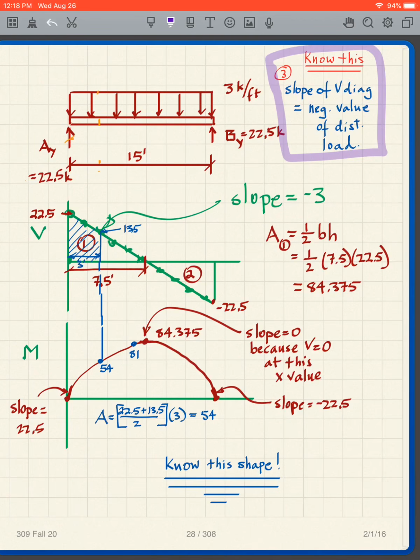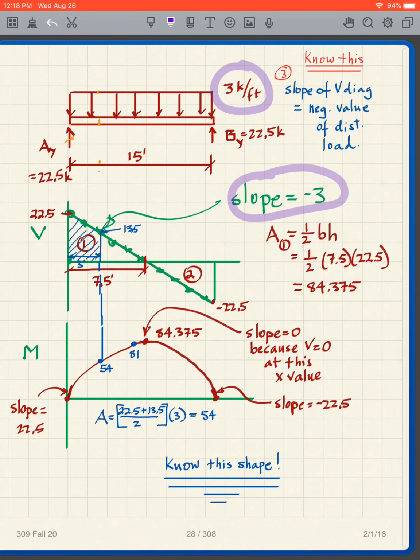So what does that mean? The distributed load is 3 kips per foot, and my slope of the shear diagram is negative 3. That's what we learn. That line has a slope of negative 3, because we have 3 kips per foot pointed downward.